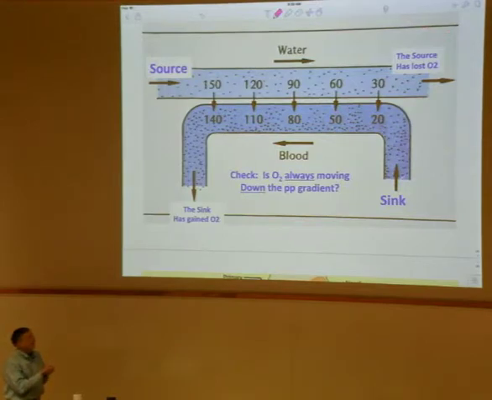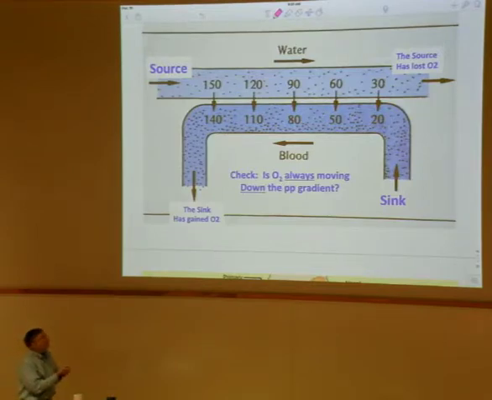Are they at opposite ends? Okay? If they're not at opposite ends, it's not a counter-current exchange system. So the source is coming from one side, and the sink is coming from the other side. The source is going to lose oxygen, or whatever, temperature, whatever it is. And if your source is not losing, then it's not a source. And if your sink is not gaining, it's not a sink.